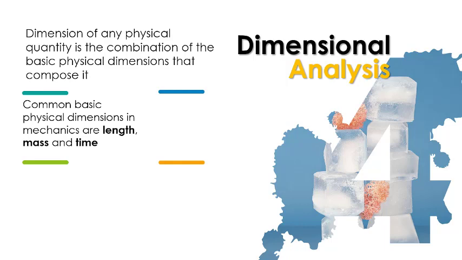There are three common basic physical dimensions in mechanics corresponding to base quantities: length, mass, and time.